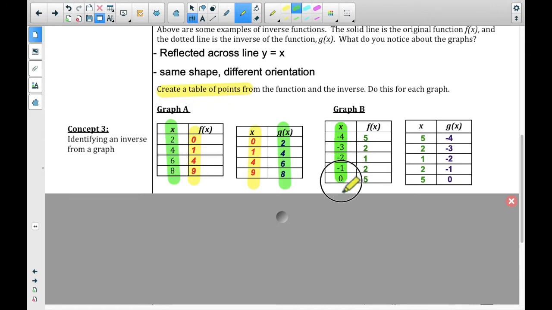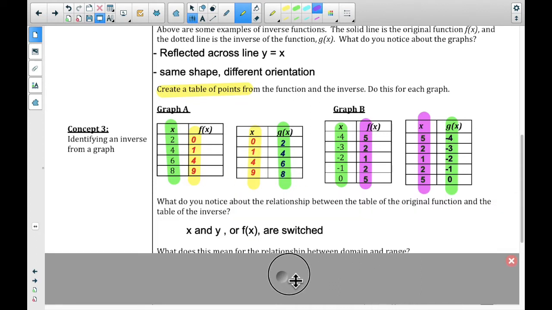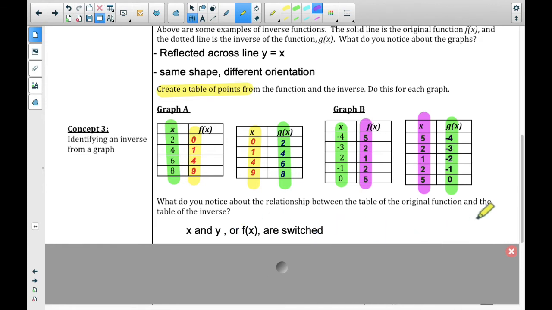What was an x is now a y, and what was a y is now an x. So that is another characteristic of inverses of functions, that they switch their x and their y values.